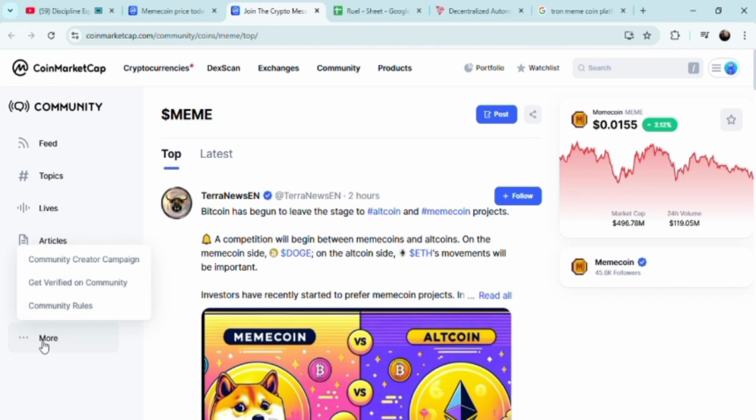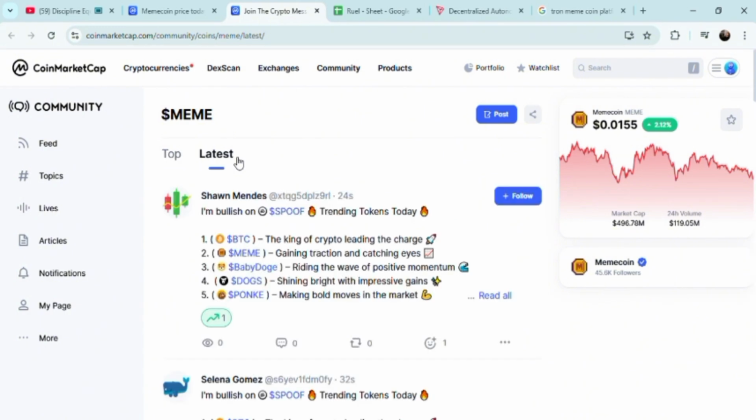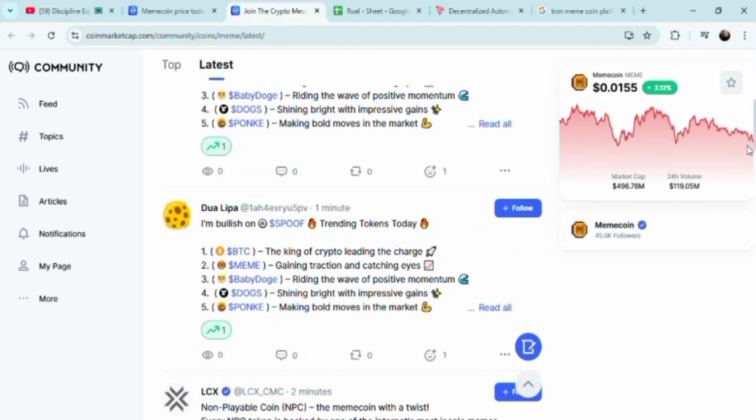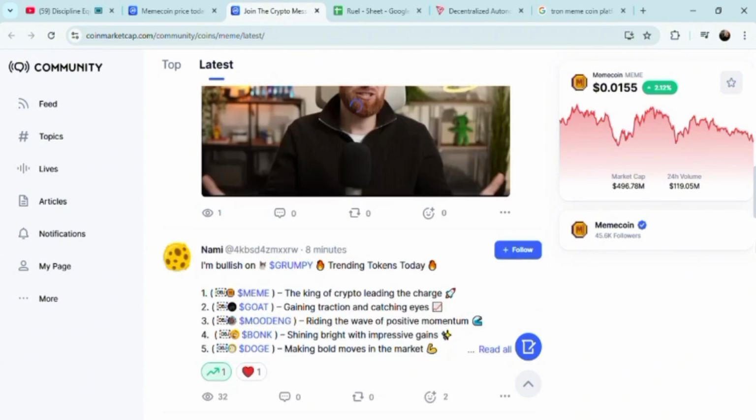In addition, Tron supports interoperability with other blockchains, allowing you to access meme coins from different ecosystems while also enjoying the benefits of its low fees and high speed.